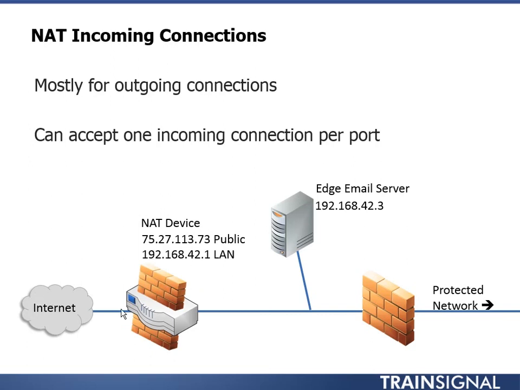So in this way, you can see NAT devices can accept some incoming communications. Basically, the NAT device needs to be configured for each different protocol. SMTP can go to the email server. HTTP can go to the web server on your internal network. One incoming connection per TCP or UDP port number, usually.